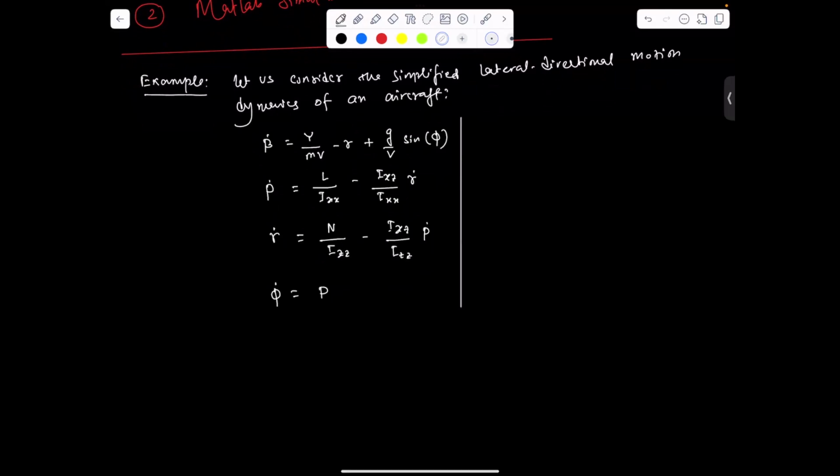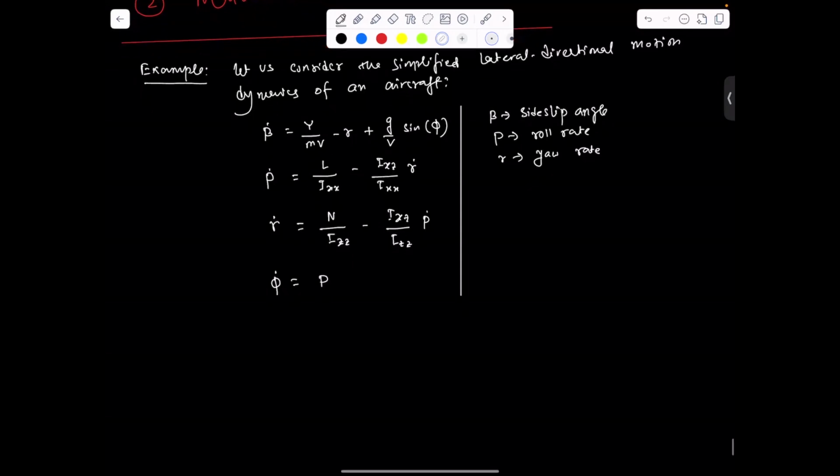And let us define the parameters and the states. So here beta is the side slip angle. P is the roll rate. R is yaw rate. And phi is the roll angle. And Y is the side force.